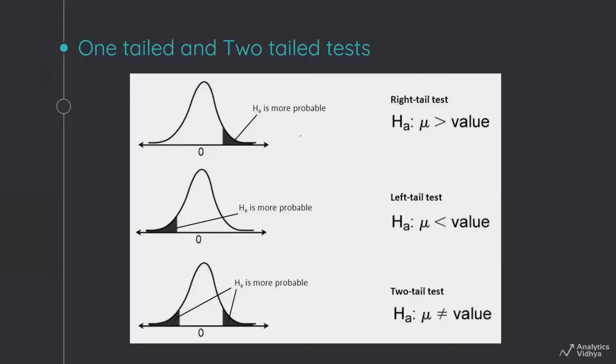Let me give an example. Say there are incoming admissions for a university, right? And you're checking the average score scored by the students in that college in the entrance exam.